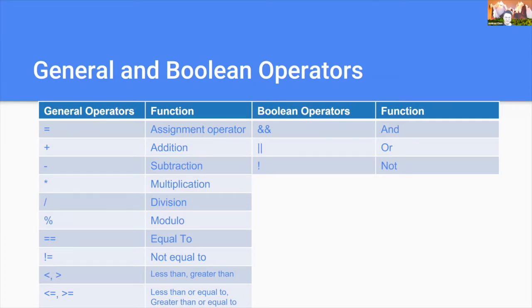And same thing applies to less than, greater than, less than or equal to, as well as greater than or equal to. There's also Boolean operators, and, or, not, and those would be represented by the symbols above. Right, so exclamation mark for not, double bars for or, and double ampersands for and.